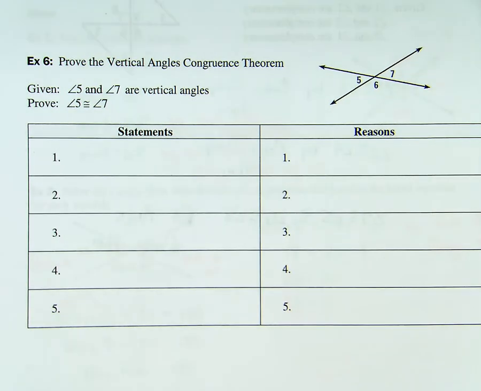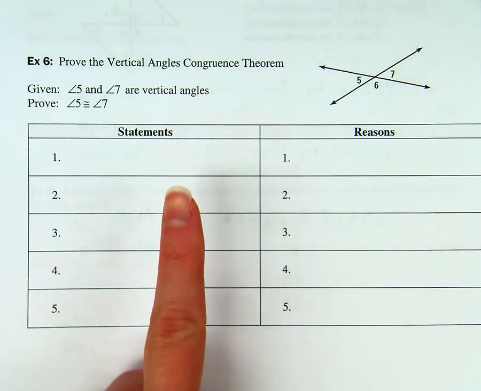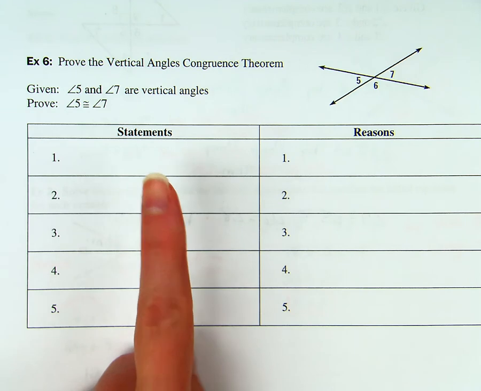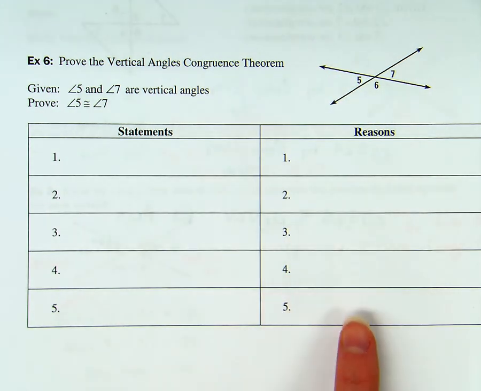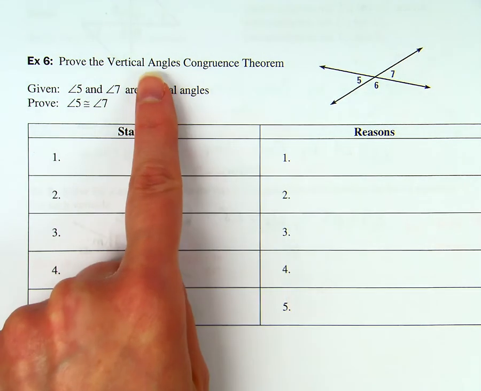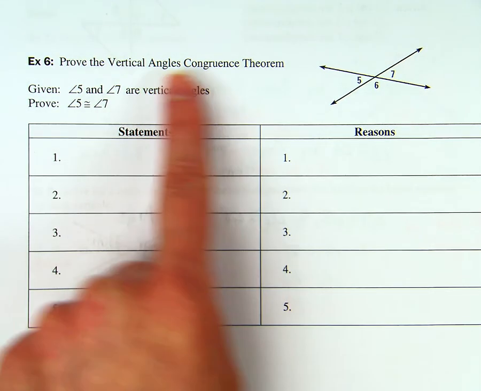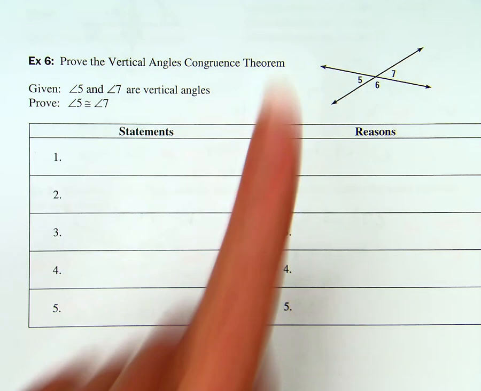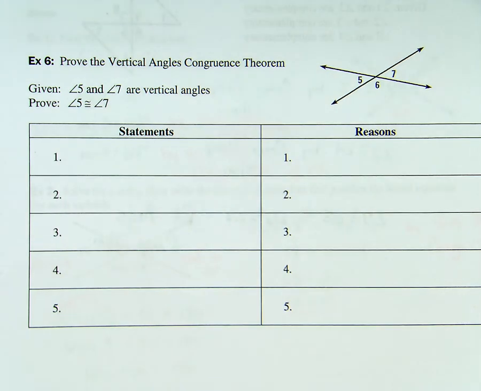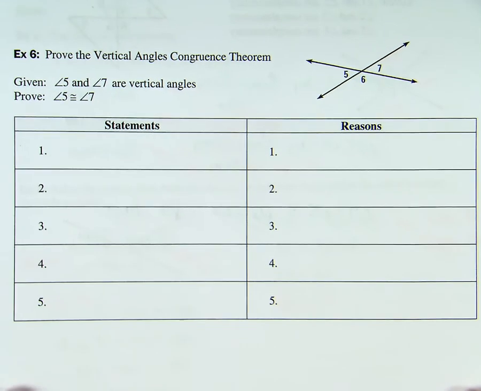Example number 6 asks us to prove the vertical angles congruence theorem. Now, before we begin our proof, what is the one theorem we cannot use as a reason in this proof? Hopefully you said we cannot use the vertical angles congruence theorem as a reason. Remember, when proving a theorem, we cannot use that theorem in the proof.